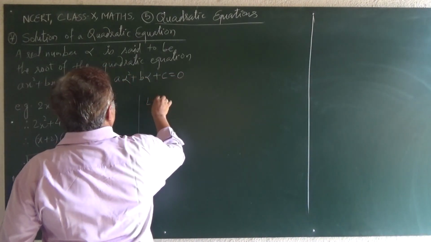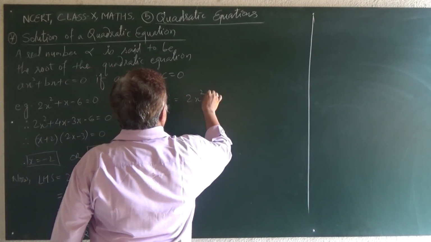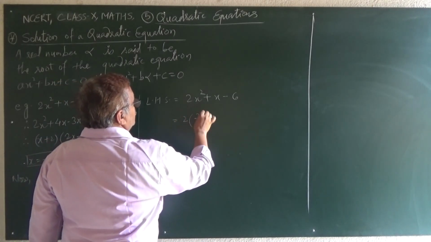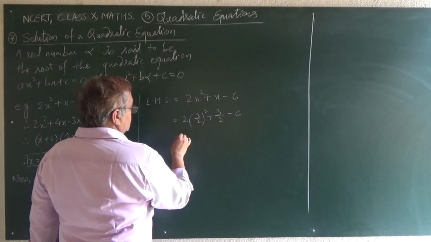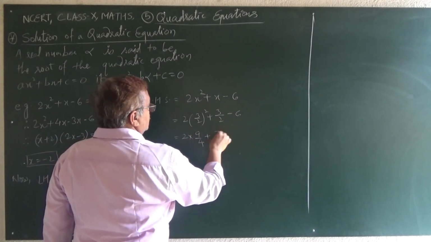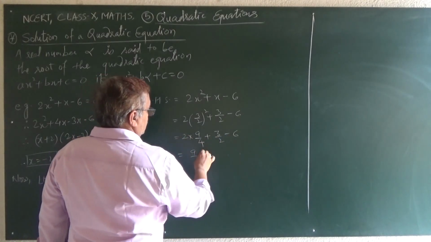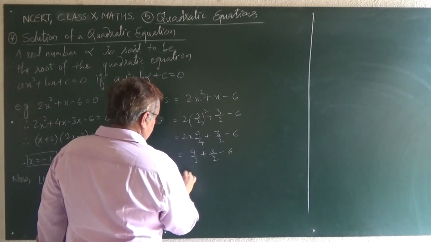Again, left hand side is 2x square plus x minus 6. So x is equal to 3 by 2. 2 into 9 by 4, plus 3 by 2, minus 6. 2 2s are 4, so 9 by 2, plus 3 by 2, minus 6.